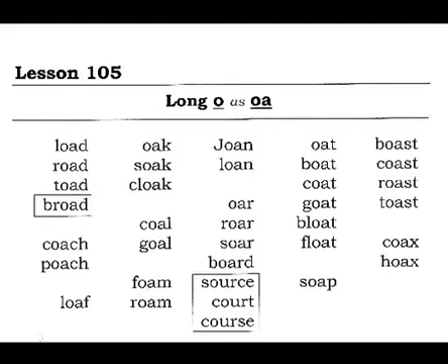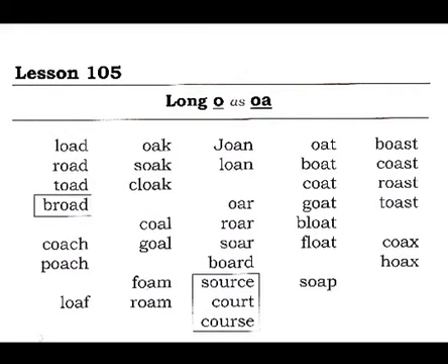Now we do have the exceptions: source, court, and course. Slight variation in vowel sound. That's about it. And in the road family, you have the word broad, B-R-O-A-D, as in Broad Street.